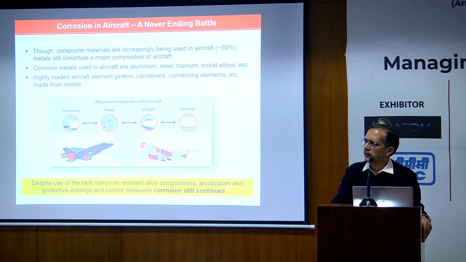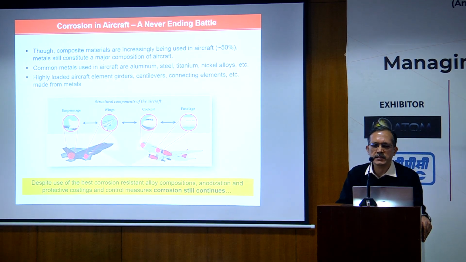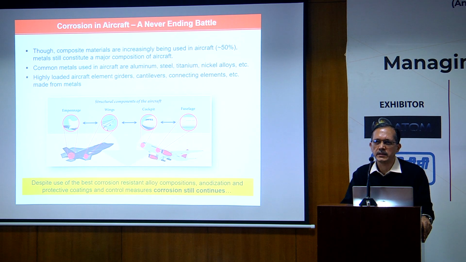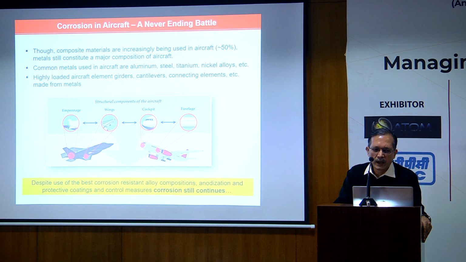Now, corrosion has been a very serious issue in the aircraft industry. Even though we are talking about the composites used in the aircraft industry, as of today, the most advanced civilian or military aircraft use about 50% composite materials. But the remaining 50% is still made up of metals, depending upon the load-bearing capacity and things like that.